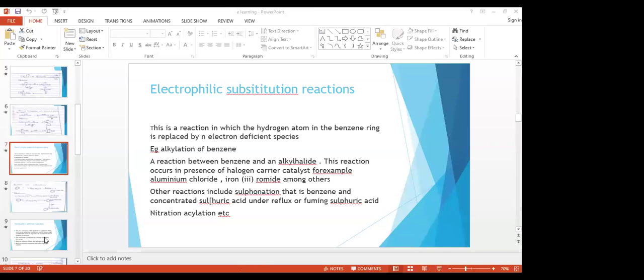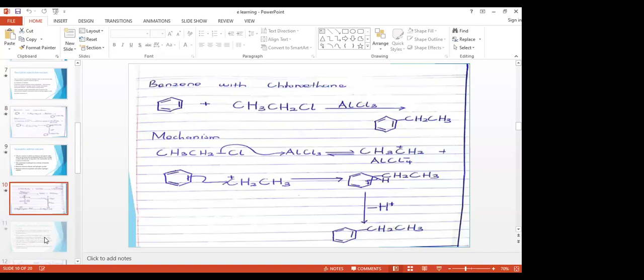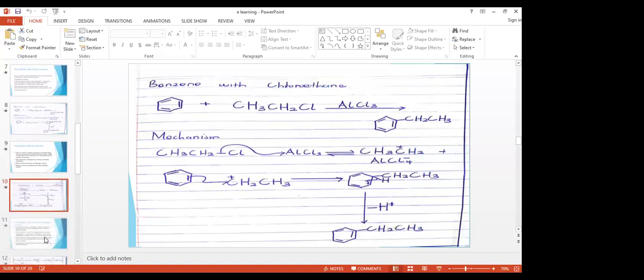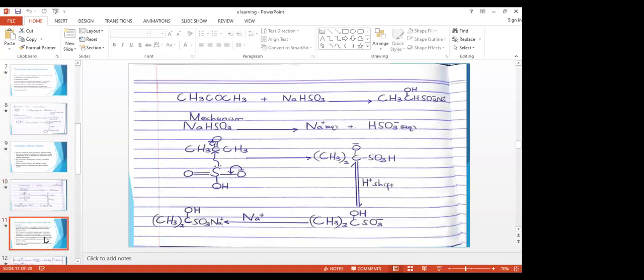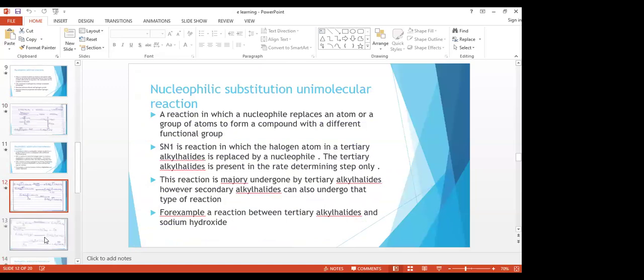So we had reached as far as electrophilic, nucleophilic substitution.